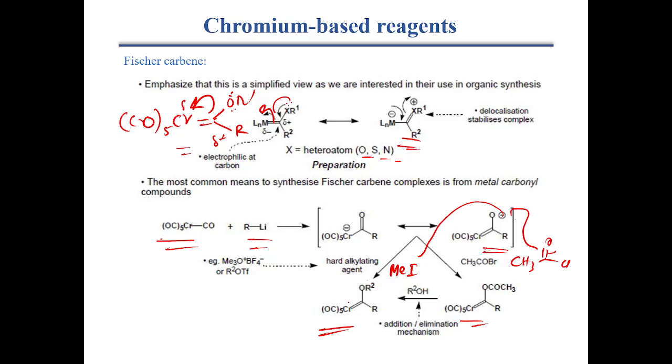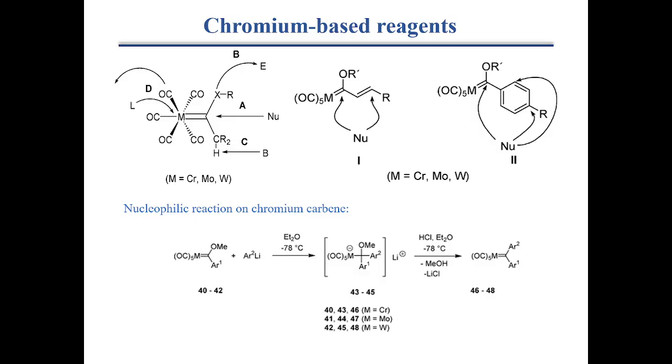Now we can discuss the reactivity. This is the chromium center. If we consider the resonating structure, it will go this way and this way. A nucleophile can attack this position, or as X is a heteroatom, it can react with an electrophile through its lone pair of electrons.